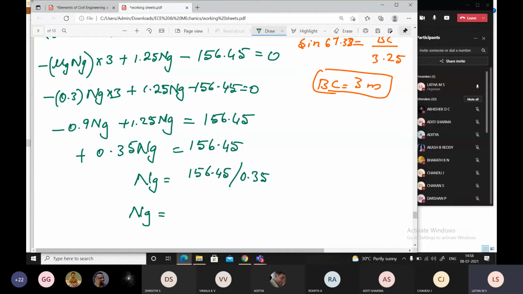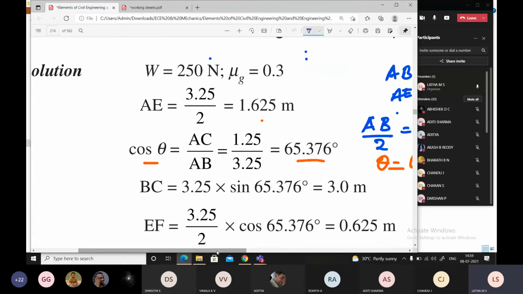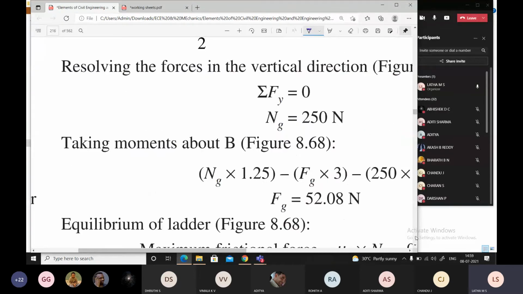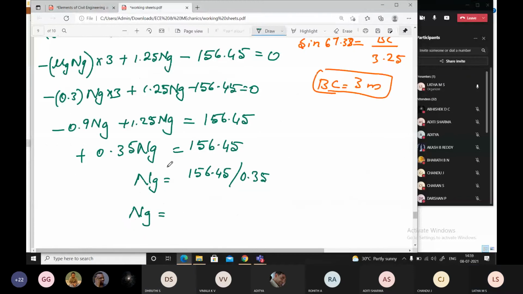What's the answer you get for Ng, students? 447. Let me check. 447 or with decimals? No decimal, ma'am. 447 is correct. You check others. 447, is that correct answer?